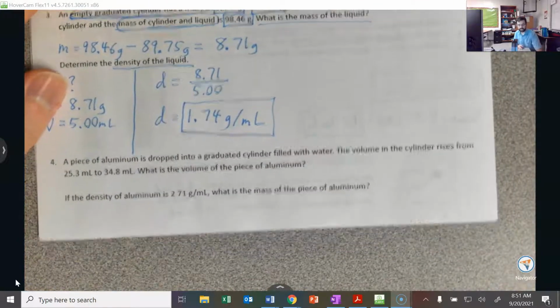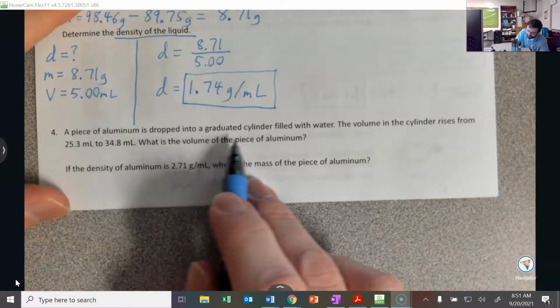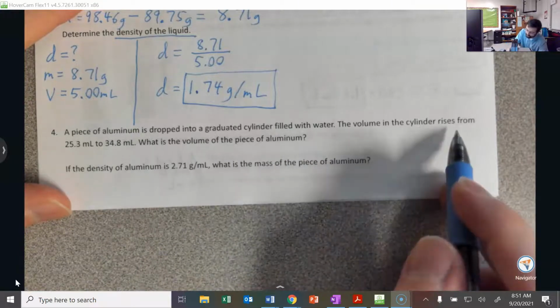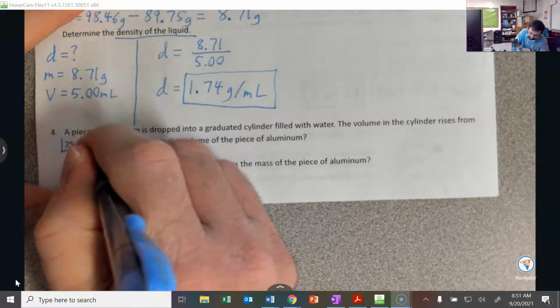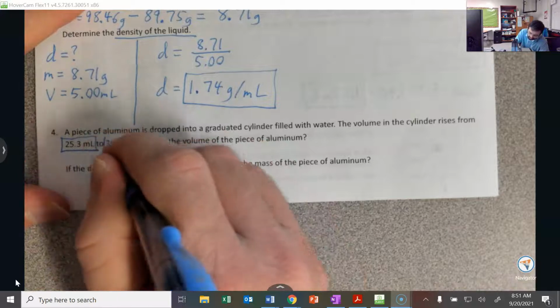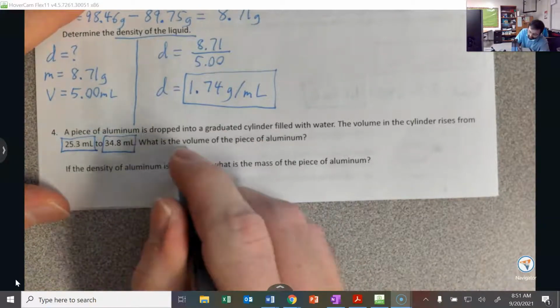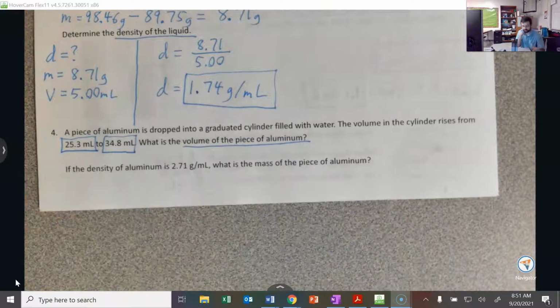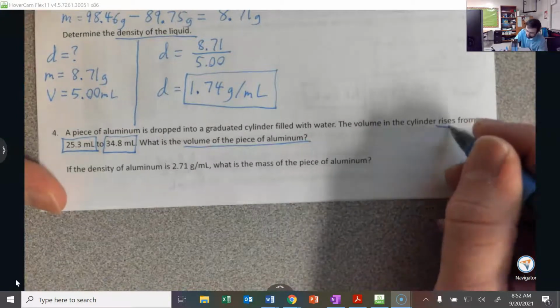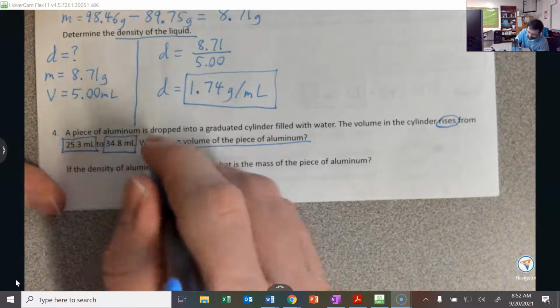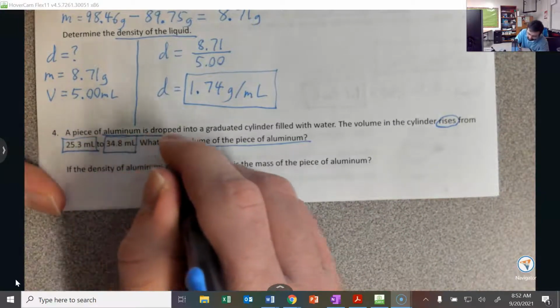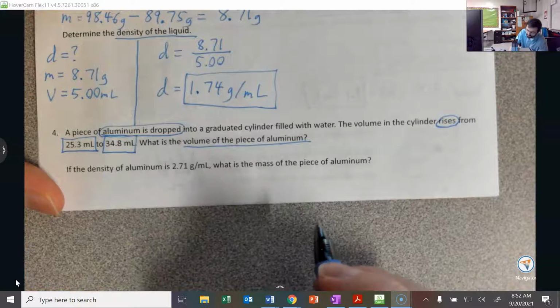Okay, next we have a piece of aluminum dropped into a graduated cylinder filled with water. The volume in the cylinder rises from 25.3 milliliters to 34.8 milliliters. What's the volume of the piece of aluminum? So to start with, let's find the volume. I have 2 different volumes given, the initial and the final after I've dropped something in it. So it rose when I dropped the aluminum into the graduated cylinder that was filled with water.